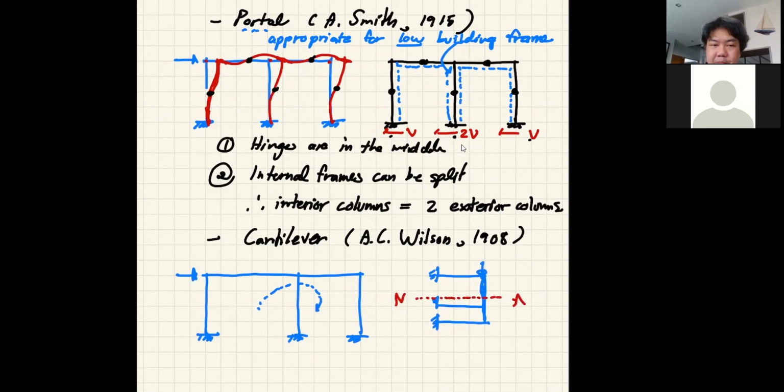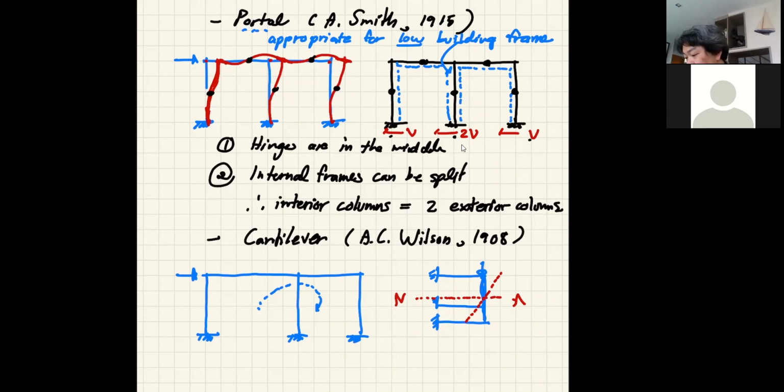Therefore, you should notice that with the first method you obtain the base shear, but with this method, when you look at the frame as a cantilever beam, you will have the bending stress distribution like this, and you can use the ratio based on the distance measured from the neutral axis to calculate, this time, the force in your columns.